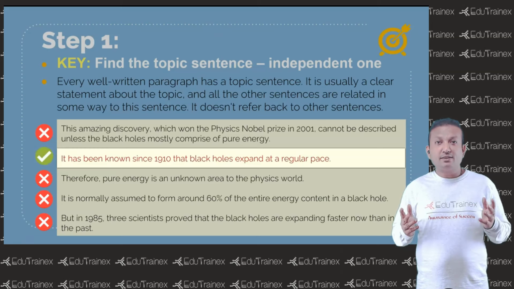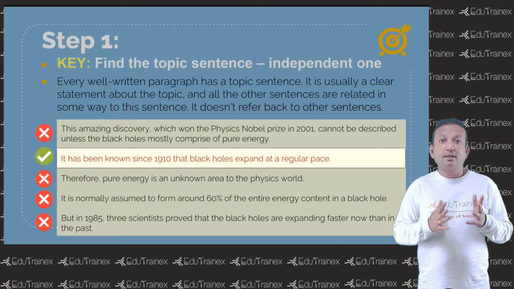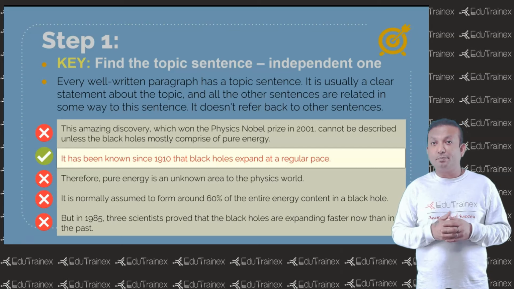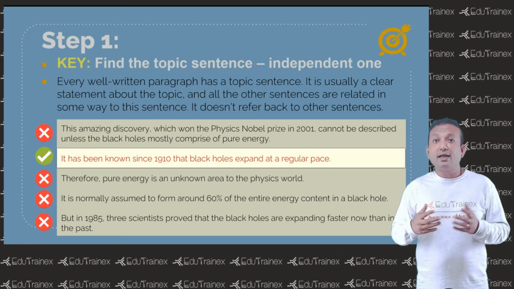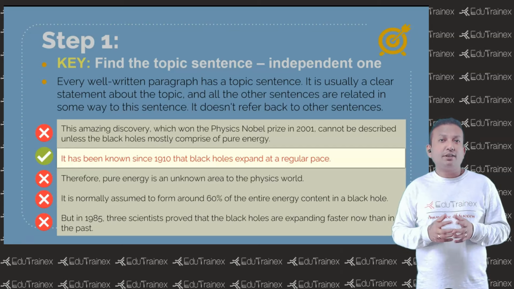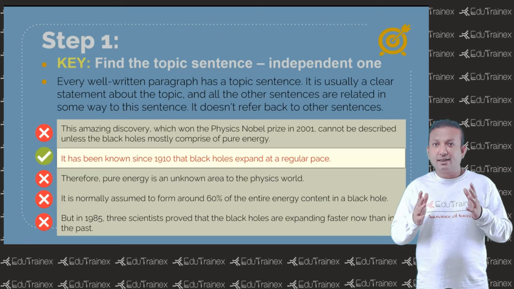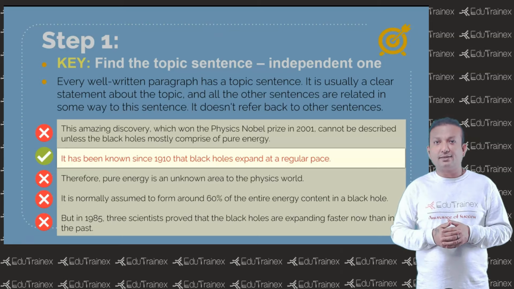"It has been known since 1910" means something we are aware of since 1910. But what is it? The later part of the sentence says the black holes expand at a regular pace. So this is what has been known. You see how examining the sentences can help you figure out the topic sentence.